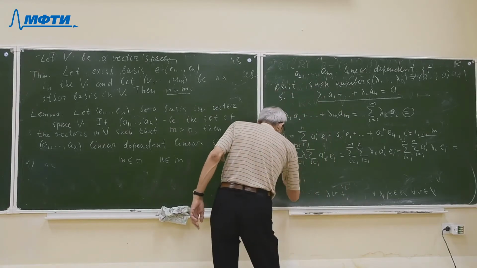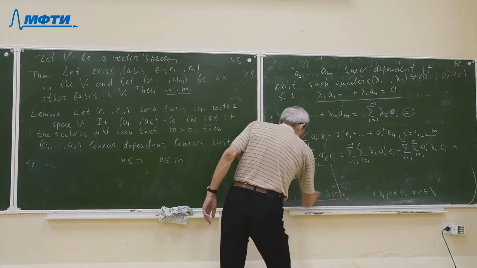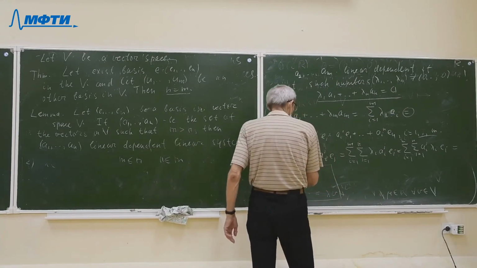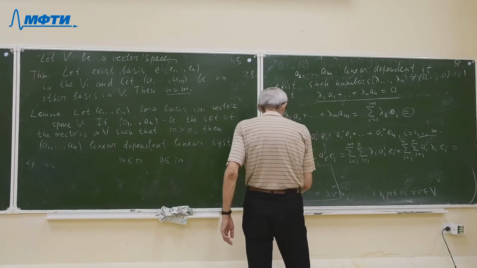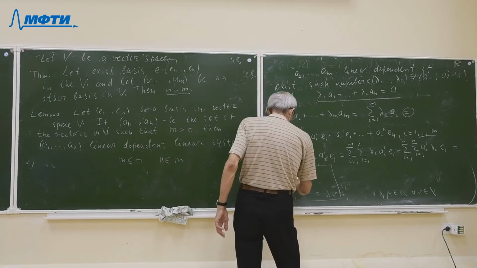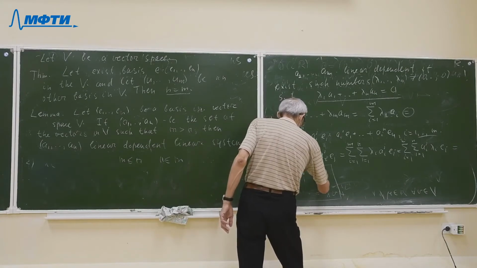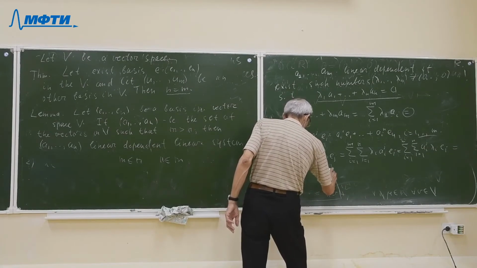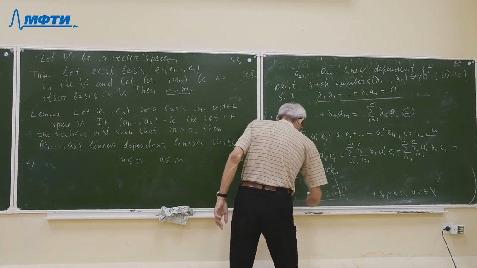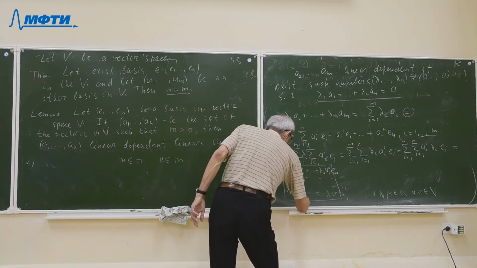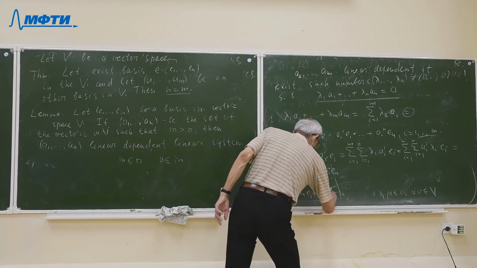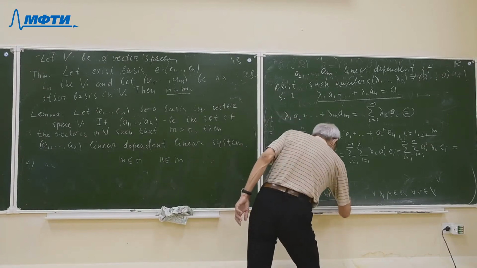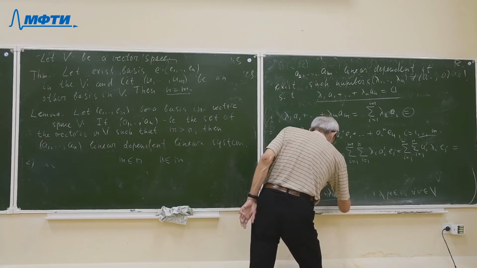I have such a sum: lambda 1 A11 E1 plus lambda n A1n En, and so on, lambda m Mn1 E1, lambda m Mnn En.